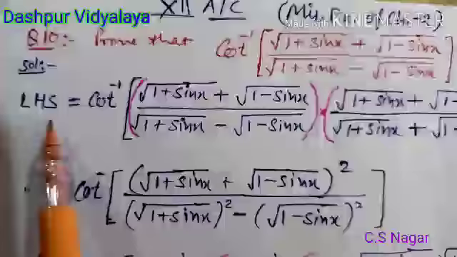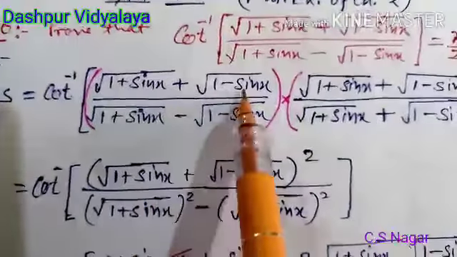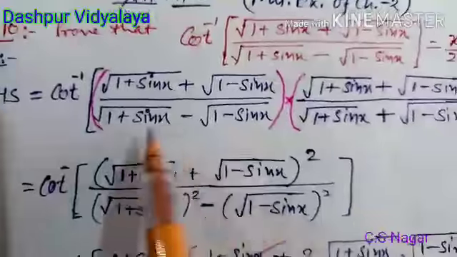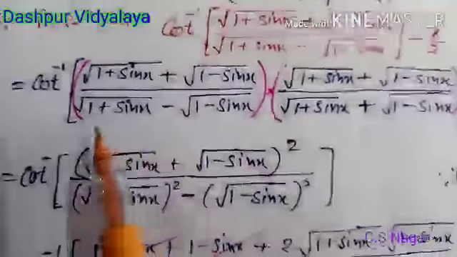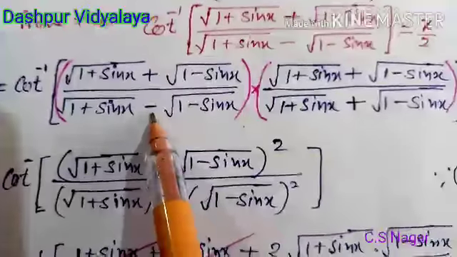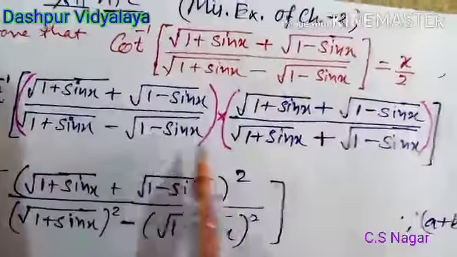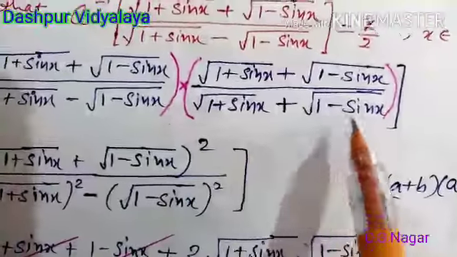So by taking LHS, cot inverse of under root 1 plus sin x plus under root 1 minus sin x, and here first rationalize the denominator. The denominator is under root 1 plus sin x with a minus sign, so in place of minus, you will use plus sign. This is a minus b, so it is a plus b.